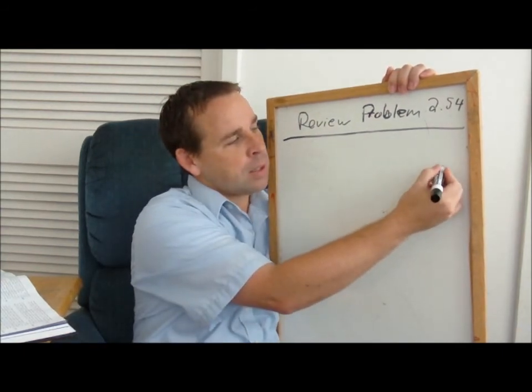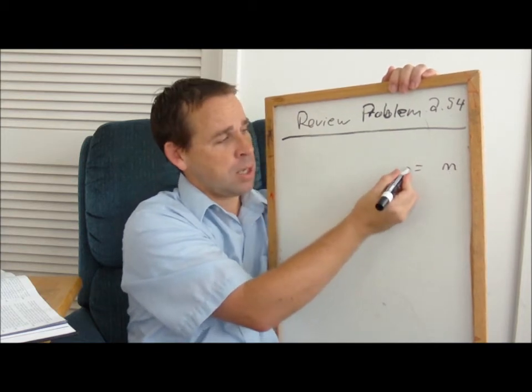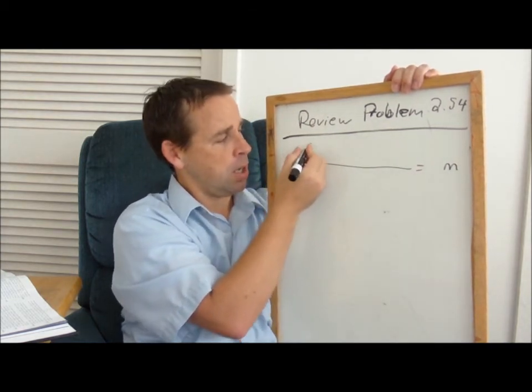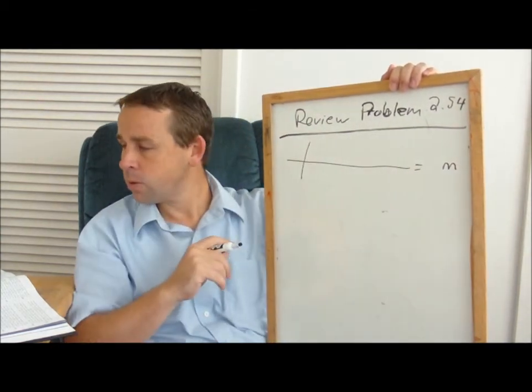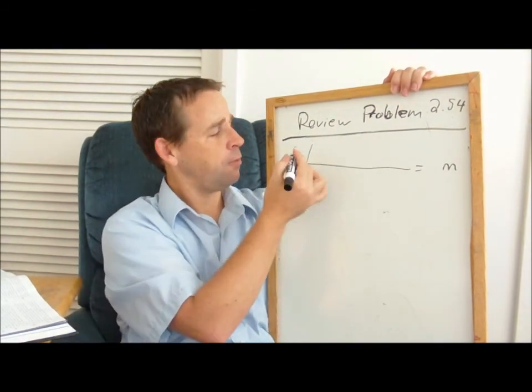We want it in meters, so we write the units we want, an equal sign, and a train track. And then up here in the top left, we write what we have: 6,033.5 fathoms.